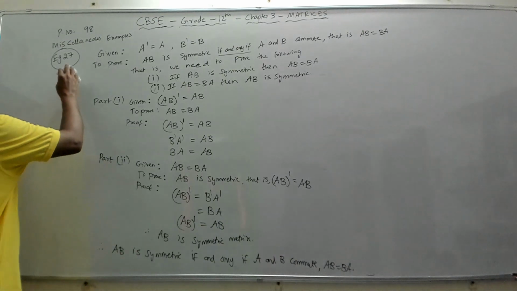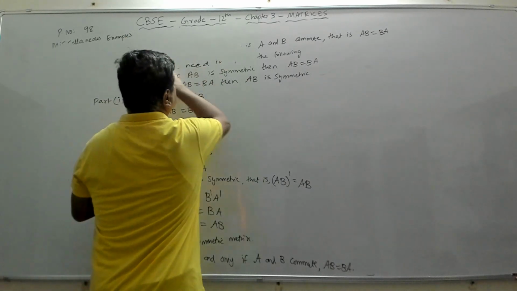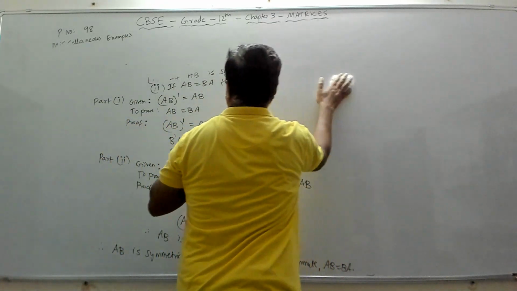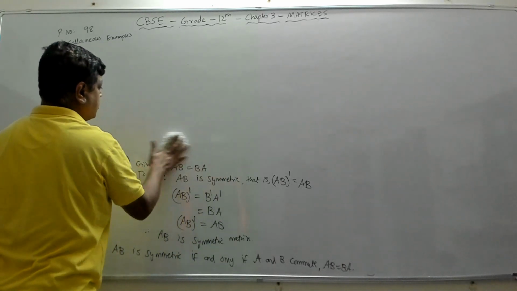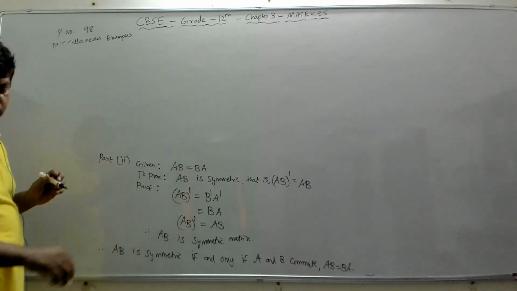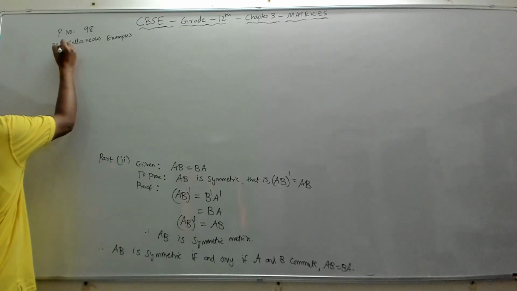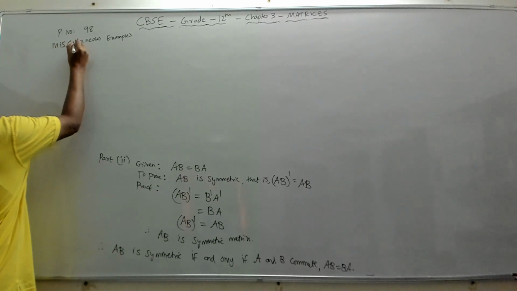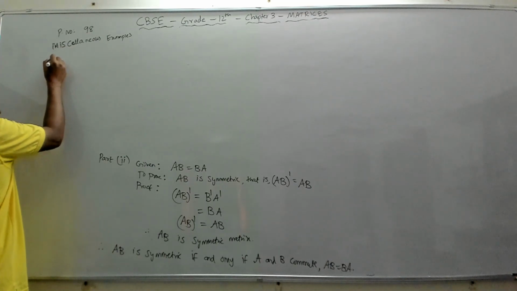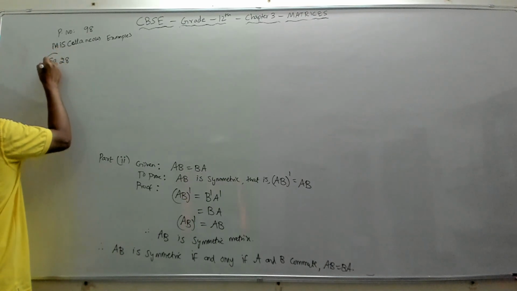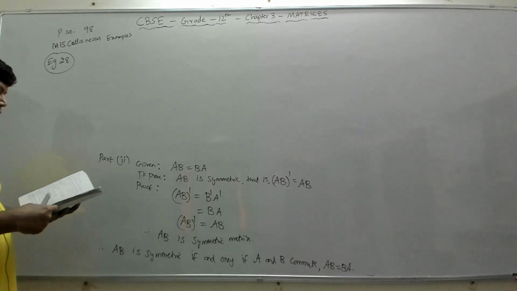Next one is example 28. So example 28 is miscellaneous. What is given? A is given, B is given, C is given.